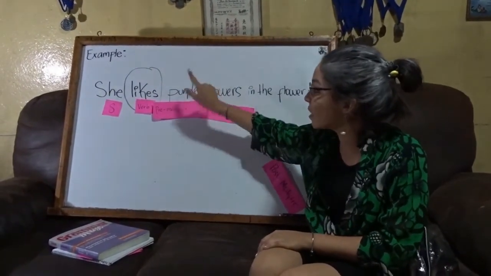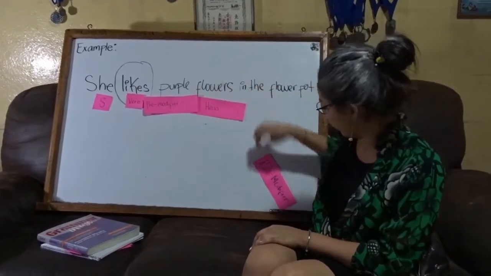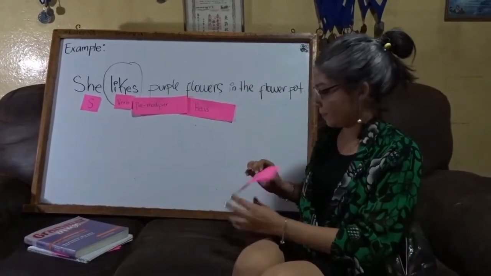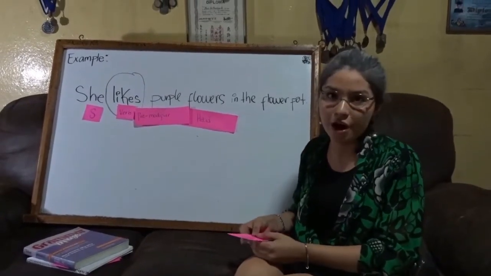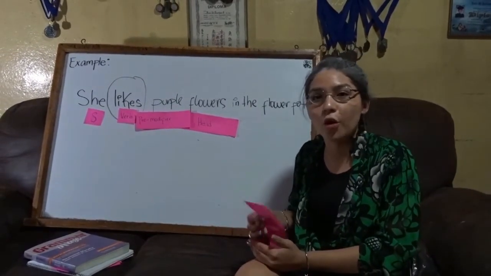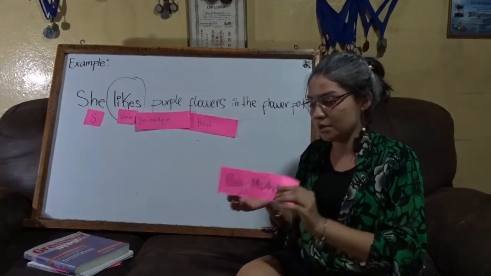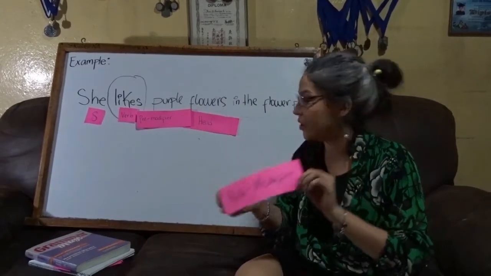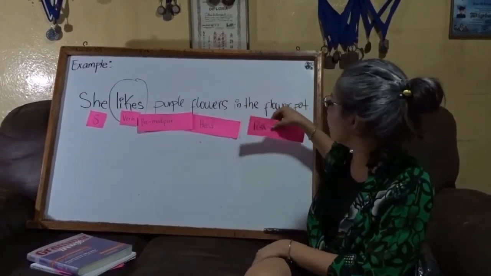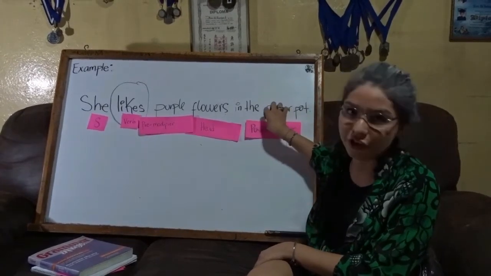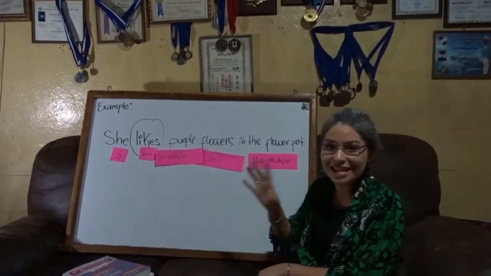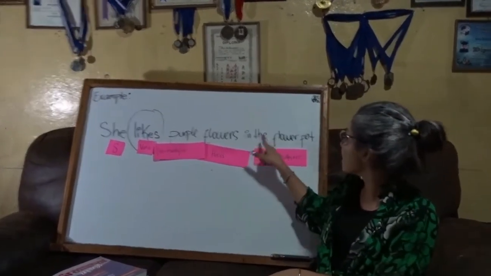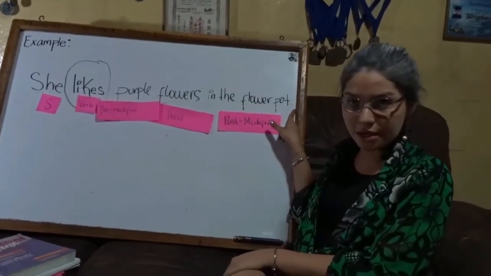So purple is the premodifier. But we have something else. The postmodifier or complement. The postmodifier belongs after the head. So the postmodifier in this sentence is in the flower pot.